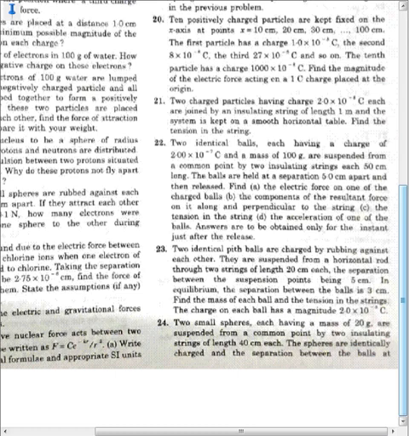In equilibrium, the separation between the balls is 3 centimeters. So this is a question related to equilibrium, and the charge on each ball has a magnitude of 2 times 10 raised to the power minus 8 coulomb. In order to approach this, it is a simple straightforward question related to equilibrium of suspended charged objects.